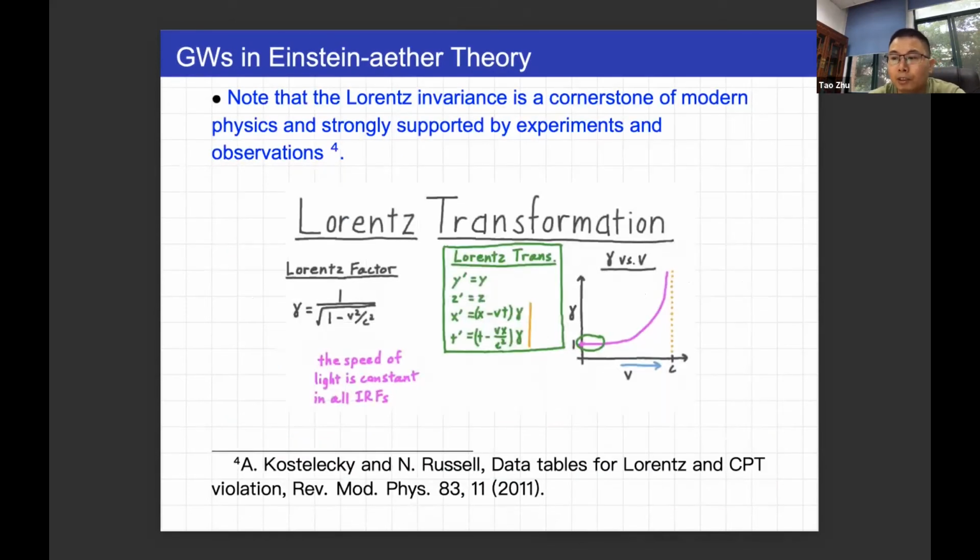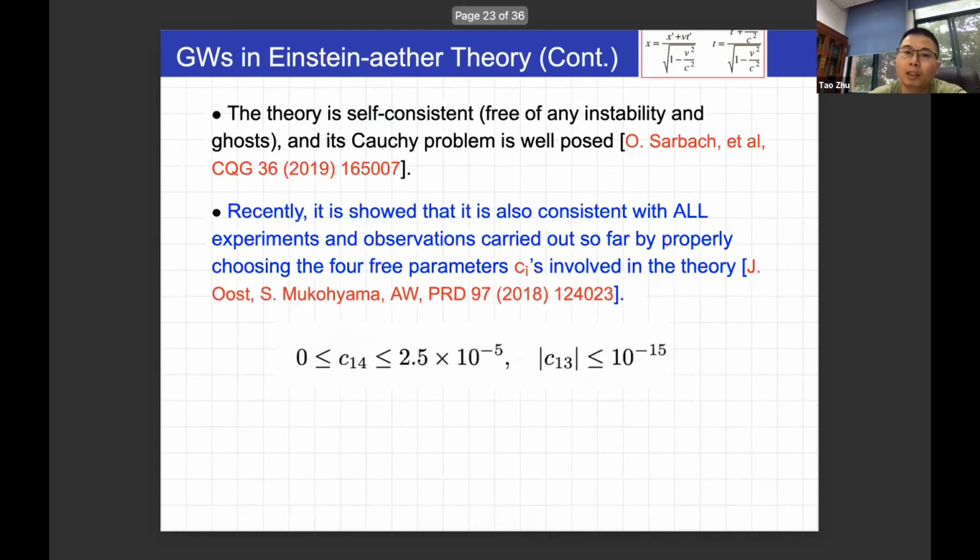Because the ether field is time-like, it defines a preferred time direction in the space-time. Because of this preferred time direction, the Lorentz symmetry of the server is violated. So this is one of the remarkable features of this server. On the other hand, this server is also self-consistent, and its Cauchy problem is well posed.